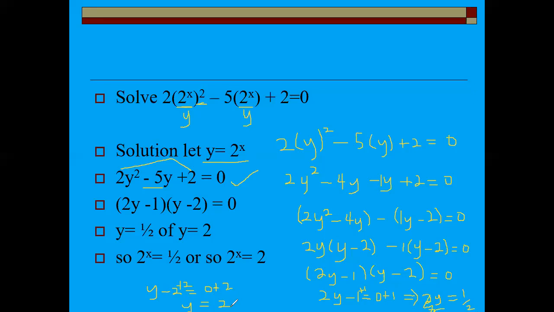So the solution is y is either half or y is equal to 2.